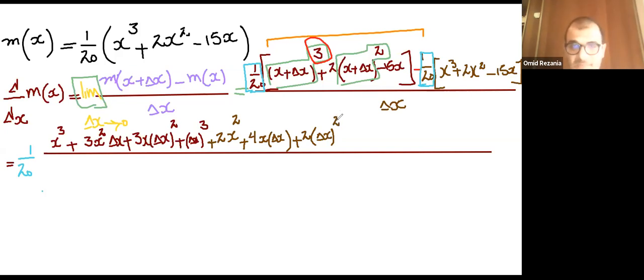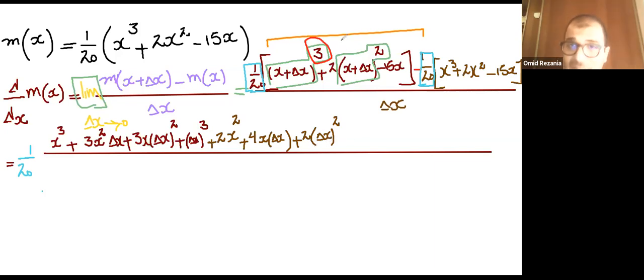Does it make sense? I have x squared multiplied by 2, becomes 2 times x squared. I have 2 times x delta x, multiplied by 2, that is 4 times x delta x. At the end, I have the term delta x squared, multiplied by 2, so 2 times delta x squared.